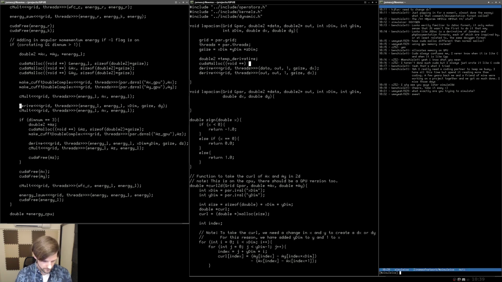Yeah, I do. Ampersand temp derivative. Okay, and then after we do the temp derivative, so we have the void star star there. So then we do the temp derivative, and then it's just gonna be size of double 2 times g size. Okay, so now we have it defined on the GPU, and here we're just going to do temp derivative and temp derivative.